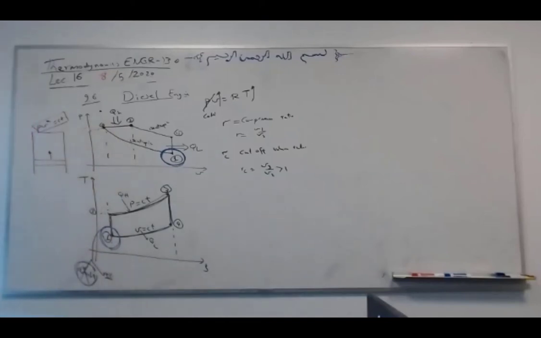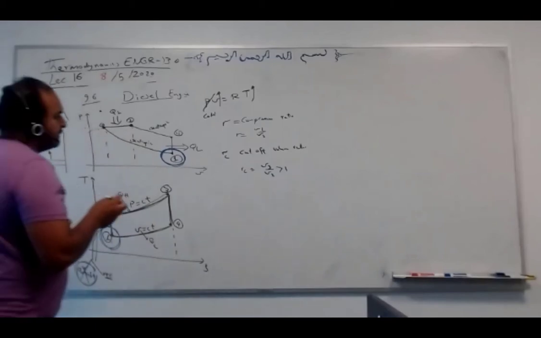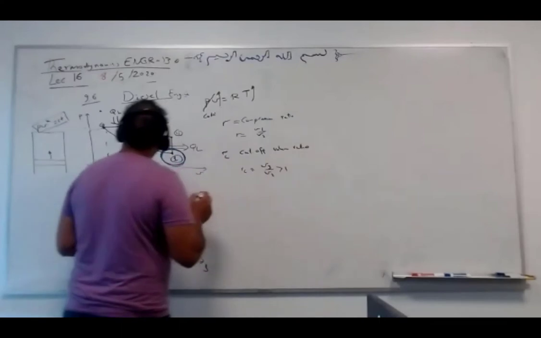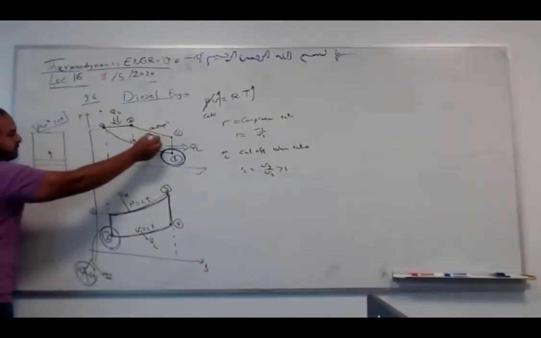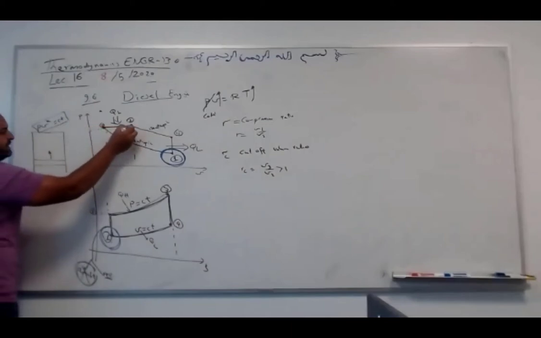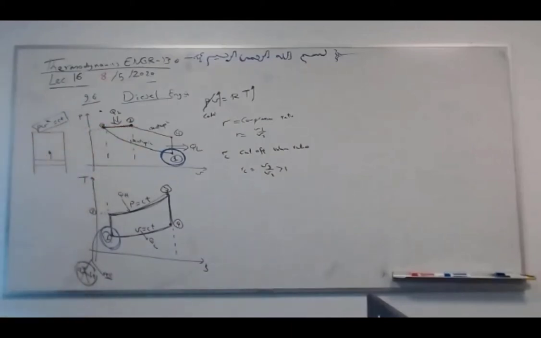So if we move from 2 to 3 vertically, Otto. If we move horizontally, diesel. Is it clear, guys?